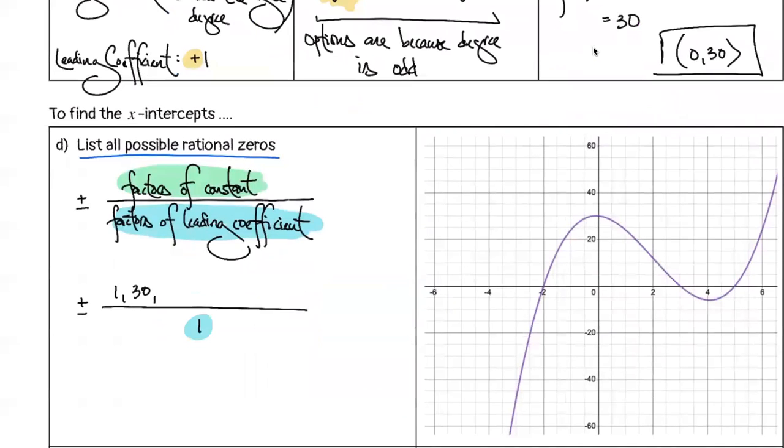What else are factors of 30? Yeah, 3 and what? 3 and 10, good, 2 and 15. And I think there's one more pair out there. Yeah, we got it, 5 and 6, okay? So we took all the factors of the constant, we put them over the factors of the leading coefficient.